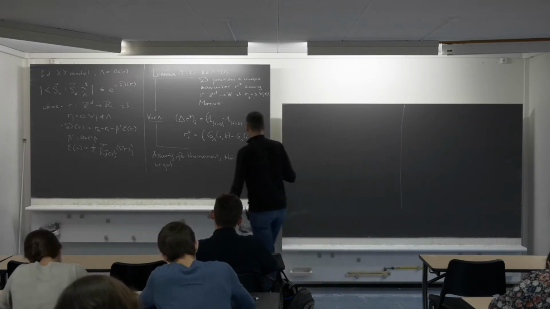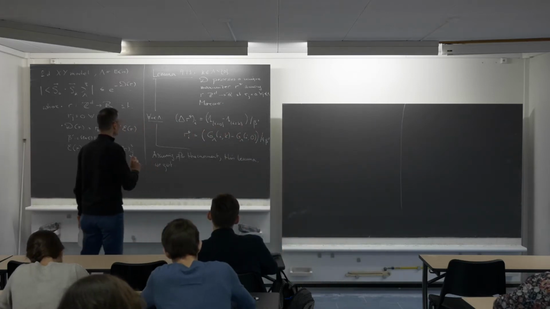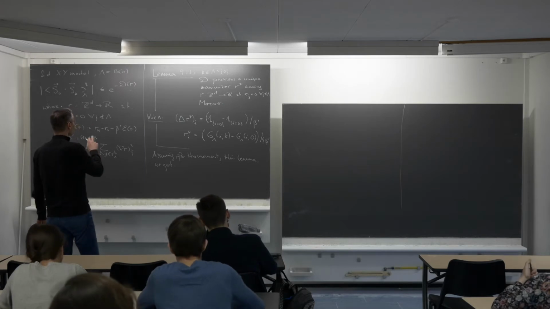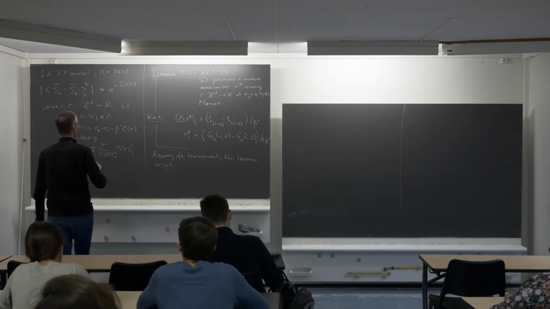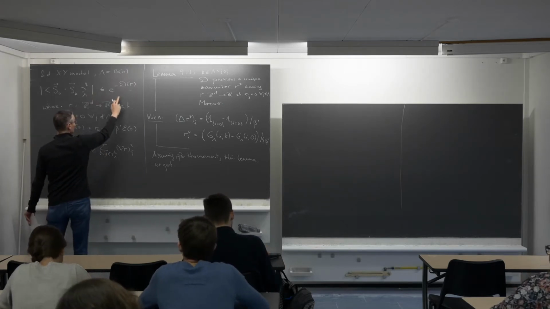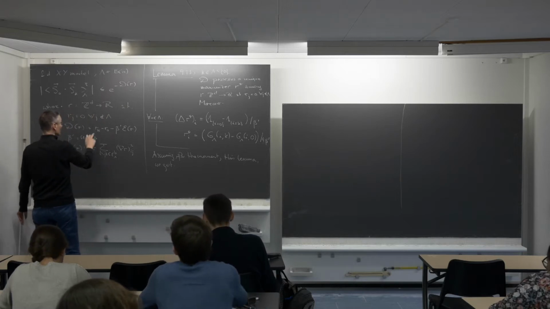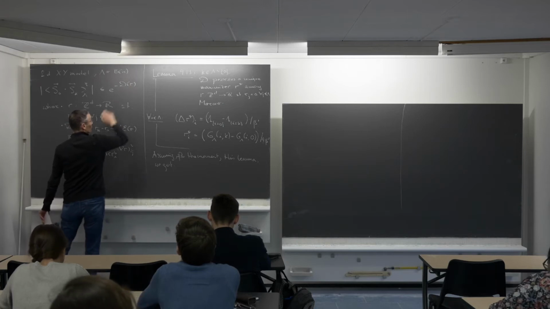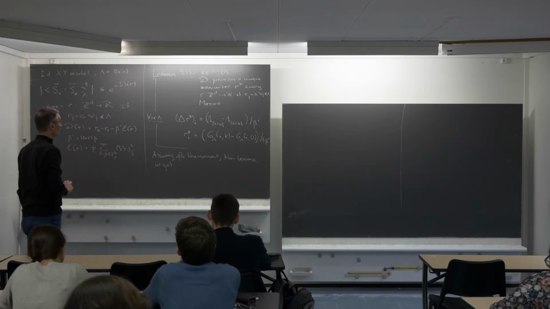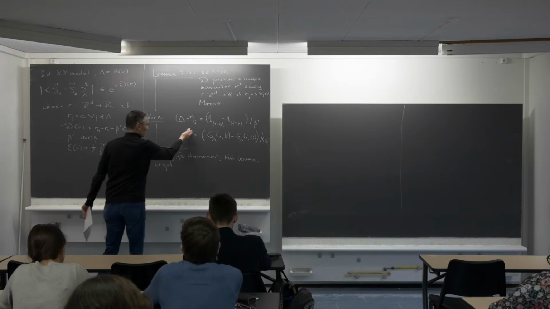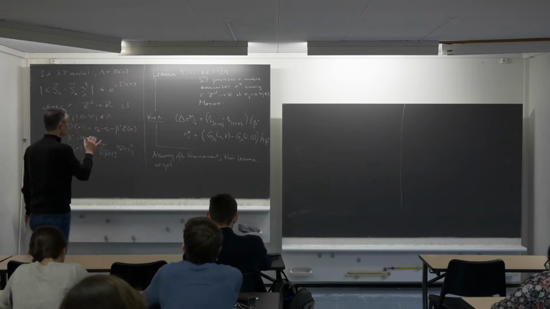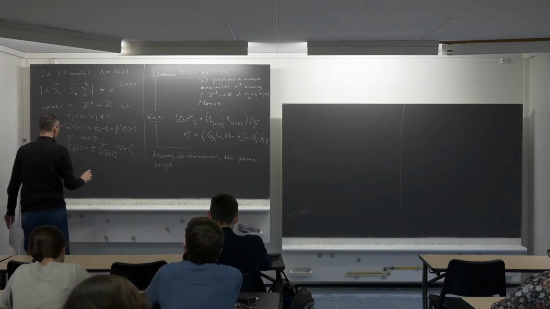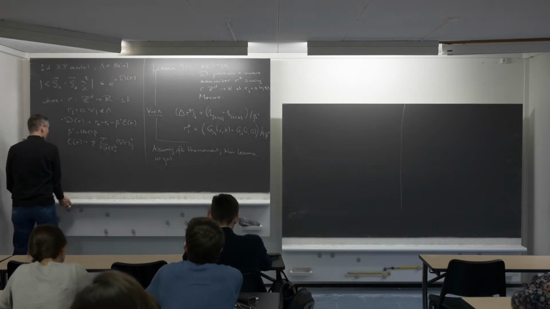Oh yes, there was a comment. I remember that I wanted to say something. So if you remember, I have not said it here, but when deriving this bound here in terms of this functional d, we made an assumption that the function r that we were going to work with in the end, the solution, which is this r star here, satisfied some particular property. So maybe I write it here.